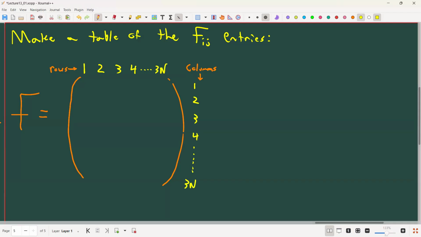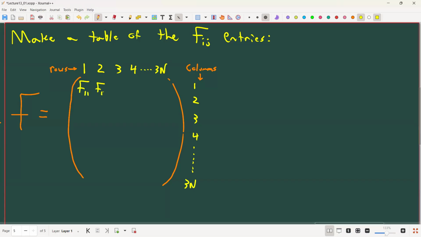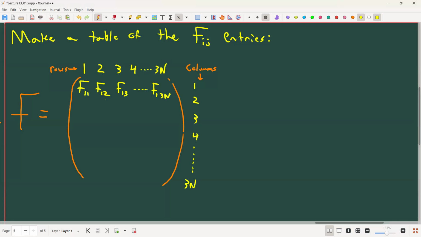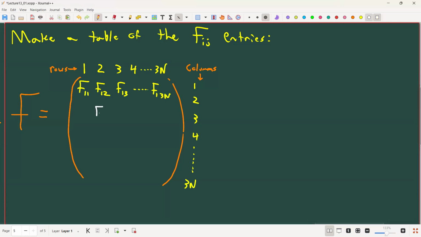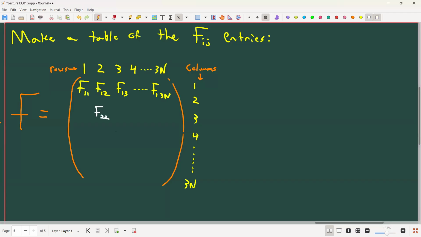I can just start displacing all of my atoms and seeing how my potential energy changes, and calculating the force constant from that displacement. So I've got F11, F12, F13, F1,3n. I'm not going to fill all this in, obviously. You guys get the idea.